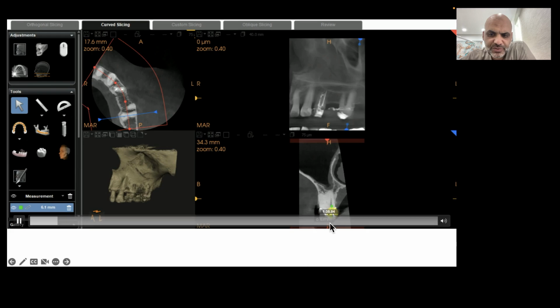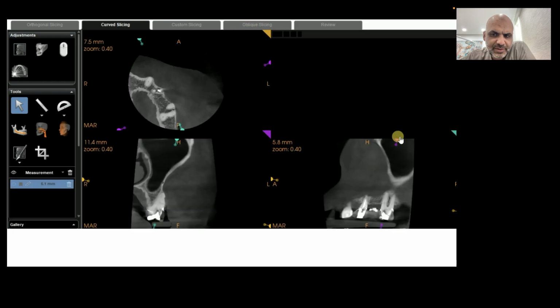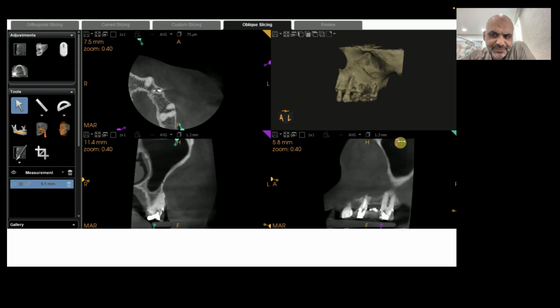So we measure from this slice is 6 millimeters to the axis. On the oblique slice, we can be more accurate, so we can measure exactly where the palatal canal is.